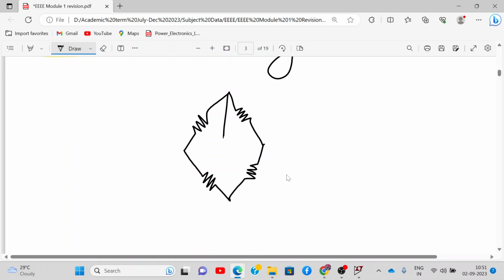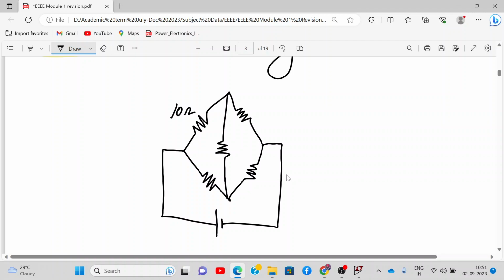Okay, I have to draw the resistor properly. This is 10 ohm. Please draw this circuit in your books. 30 ohm.